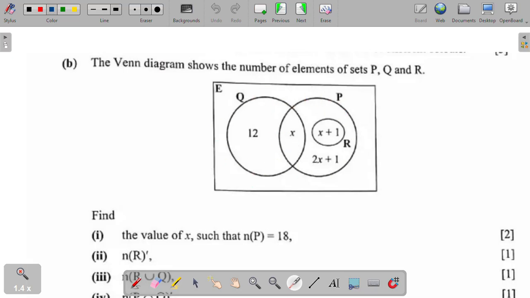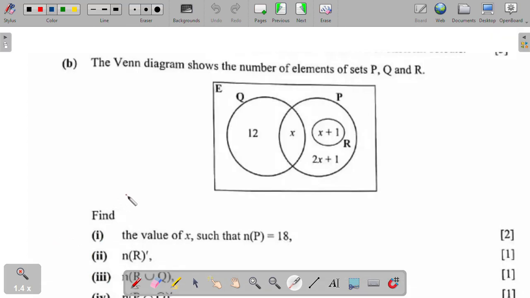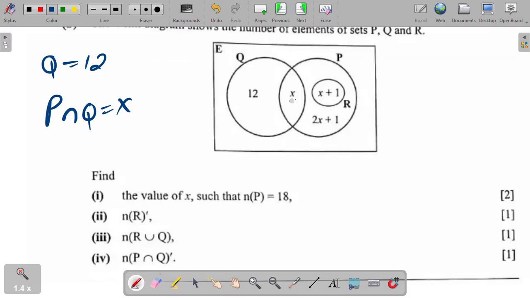I want you to understand this first before we actually solve Roman numeral 1, 2, 3, and 4. So first thing is set Q. We have 12 elements only, as you can see here. And then set P intersection Q, we have x. Okay, that's in the middle, as you can see here.